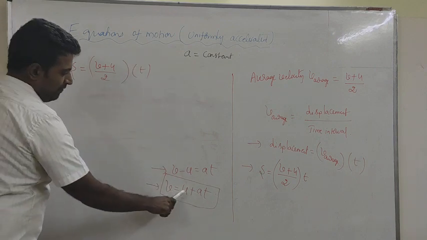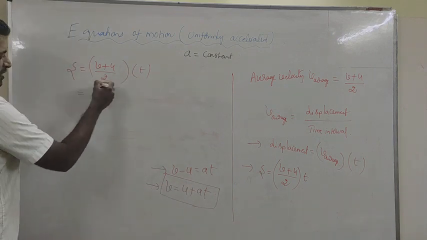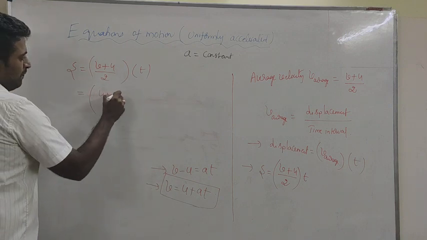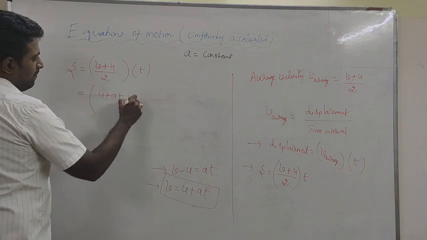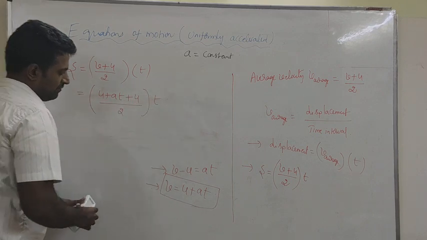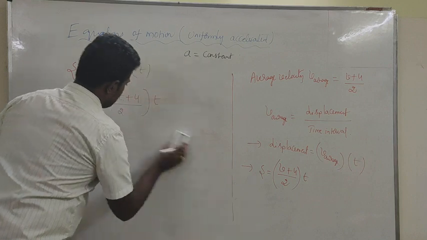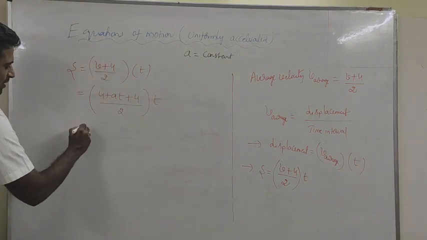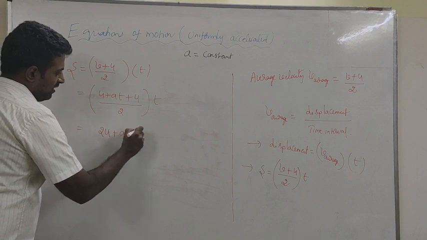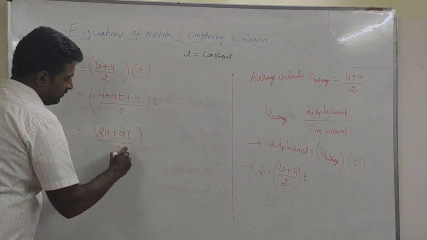We already know v equal to u plus at. I am substituting v equal to u plus at here. (u plus at plus u) by 2 into t, which will be equal to (2u plus at) by 2 into t.